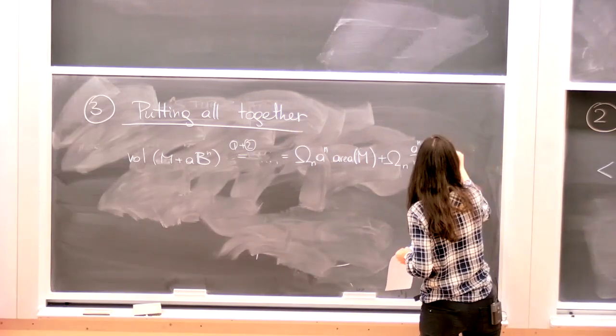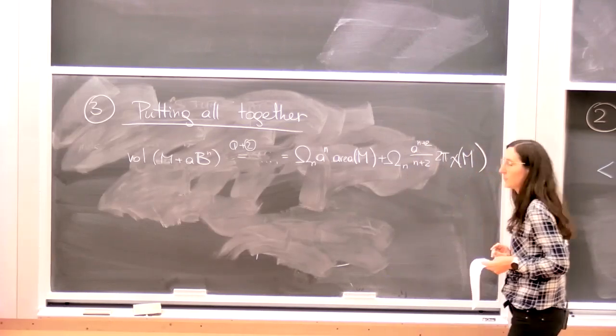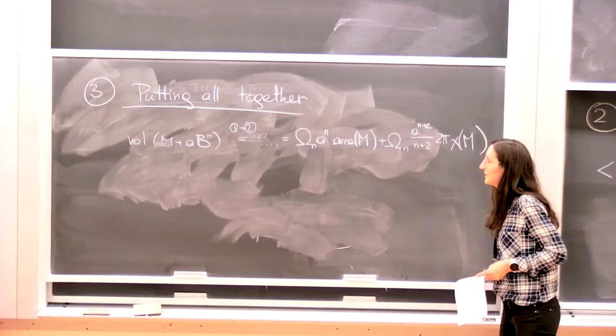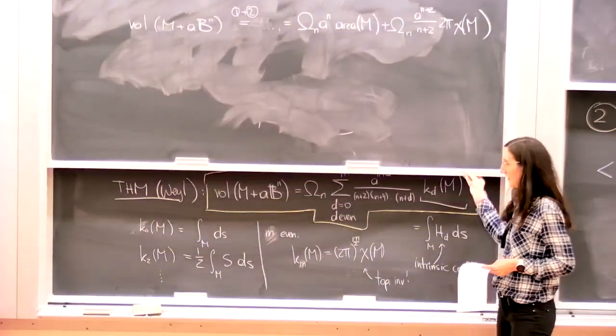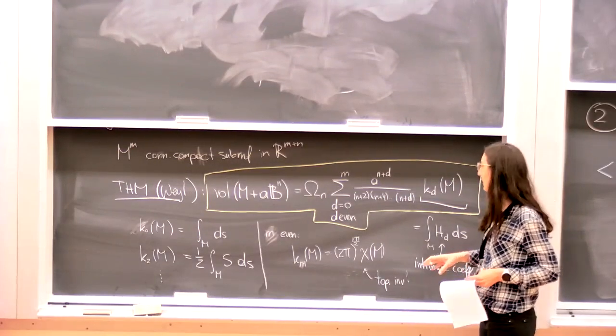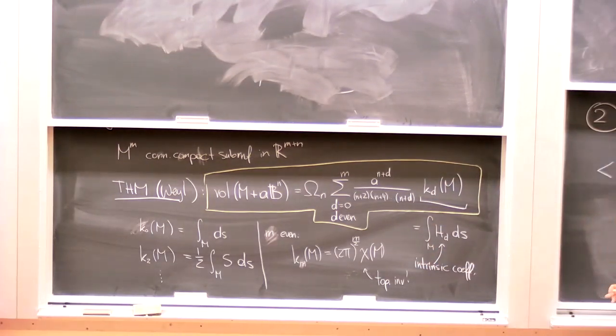So this is 2 pi chi of M. And so basically, I've shown Weyl's tube formula in this simple case for surfaces. I didn't do all the complicated stuff where a lot of mixed terms would show up, but you can find it in the paper.